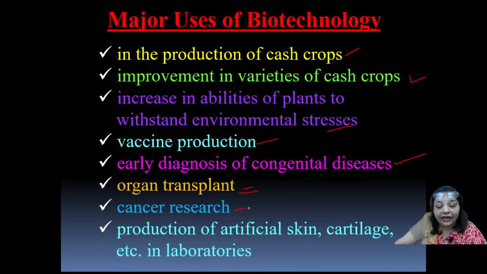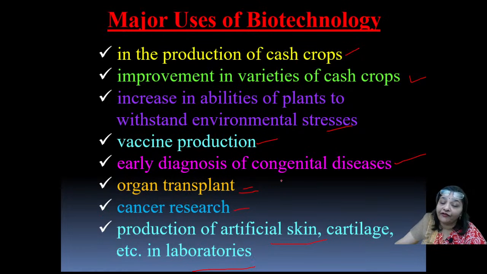Not only that, nowadays even cancer research is based on this field of science, whereas production of artificial skin, cartilage, all these things in laboratories in closed and controlled conditions can be produced.